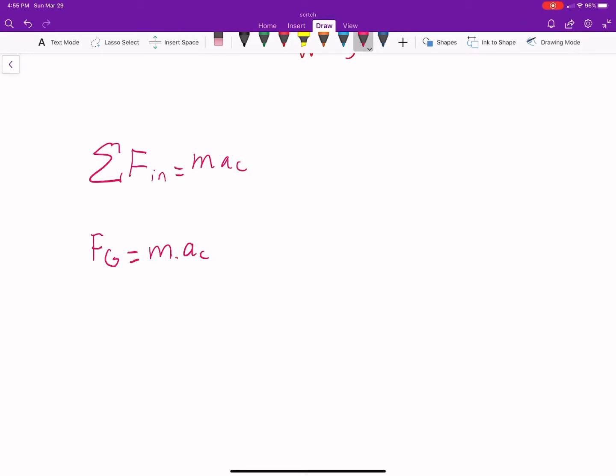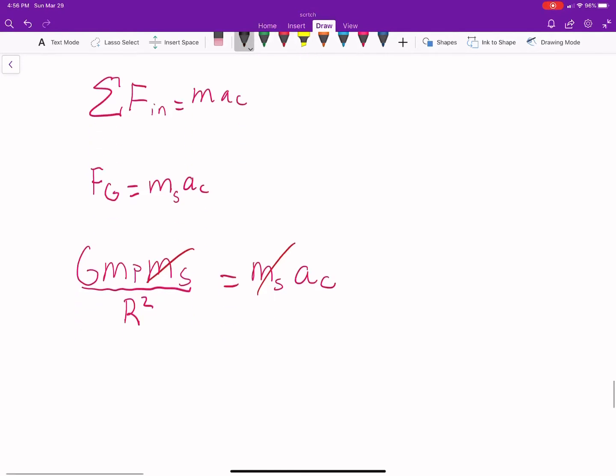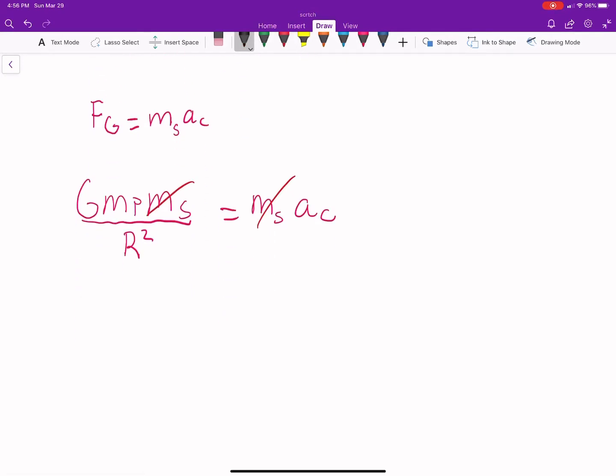So this is G times the mass of a planet times the mass of the satellite, divided by the distance between them squared, is equal to the mass of the satellite times the centripetal acceleration. You can see the mass of the satellite doesn't even matter. And we know that this is v squared over r.